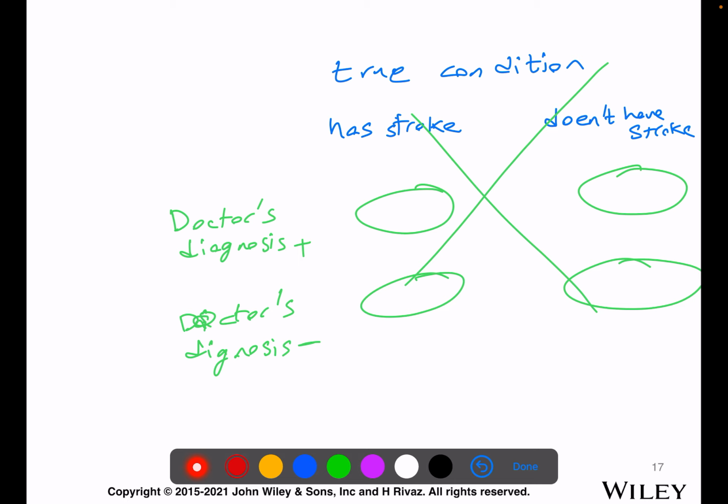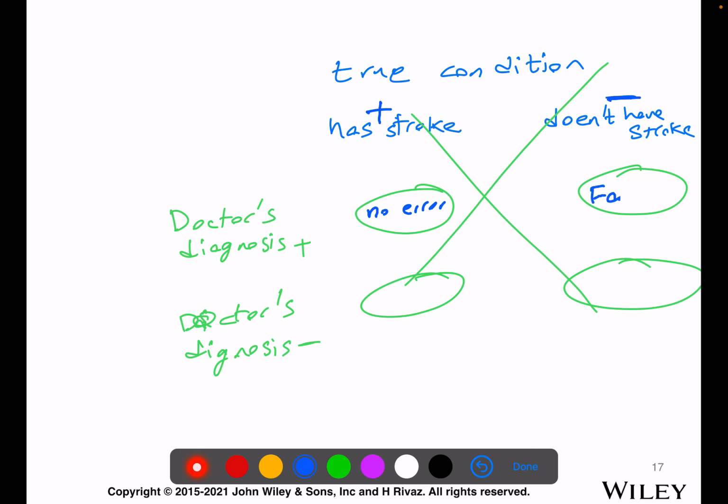So in this case, the true condition of the person is positive, and the true condition of this person is negative. If the doctor's diagnosis is positive, and here is also positive, there's no error. And if the doctor's diagnosis is positive, but the patient doesn't have a stroke, this is called false positive.